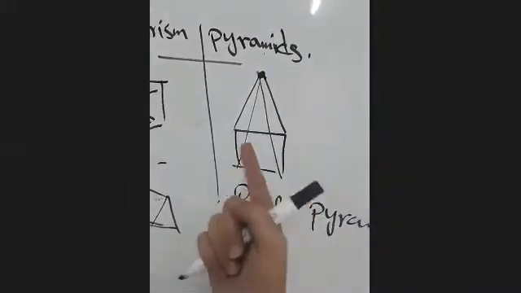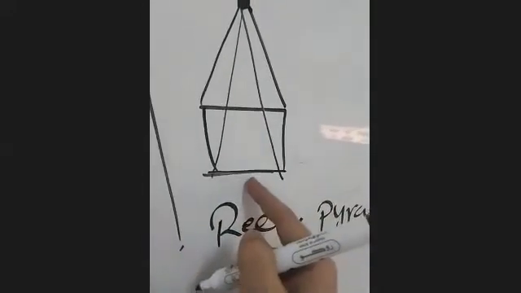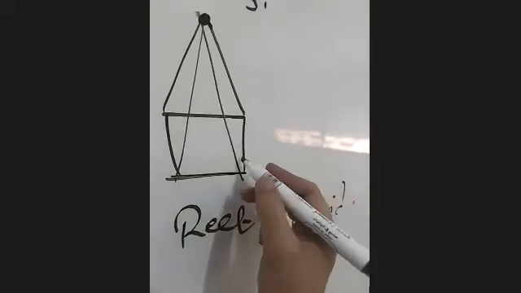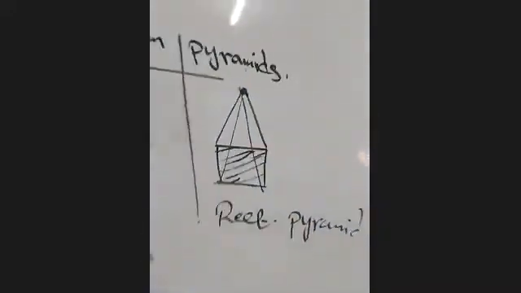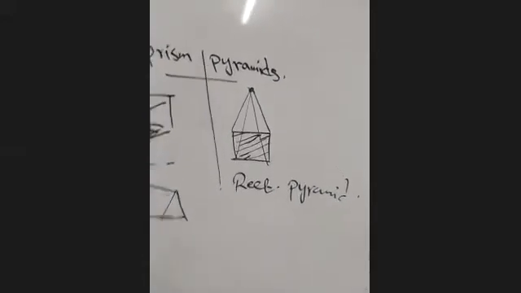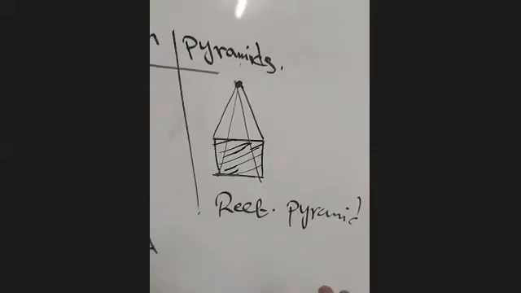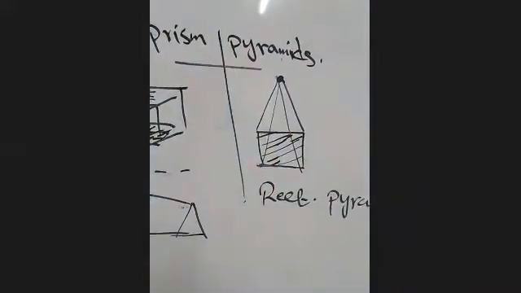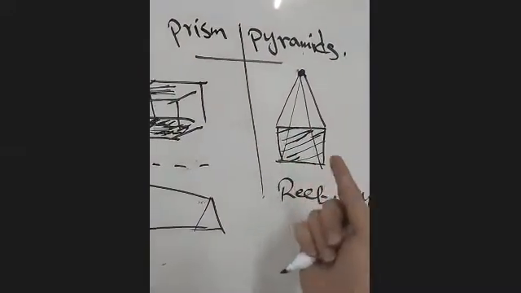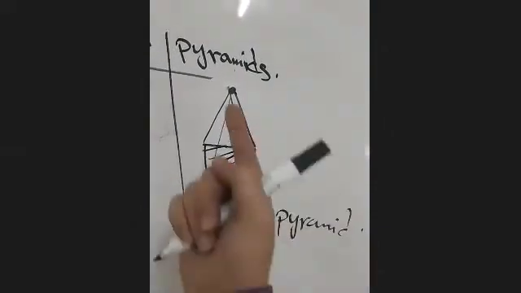Pyramid means one base. And when I say base, I'm not talking about this line like in the area. No, I'm talking about the whole figure, the floor of it. It's a three-dimensional figure. Now, how do we name it? First of all, we say if it's a prism or a pyramid. Then we determine the base. If the base is a rectangle, we say rectangular pyramid.